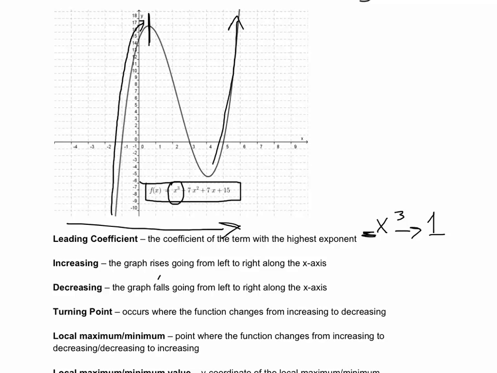We would say then that the graph is rising for values of x less than 0.5 or x greater than 4. In terms of decreasing, as we're going left to right, our graph is decreasing from 0.5 to 4. We would say that it is decreasing then from 0.5 less than x less than 4.